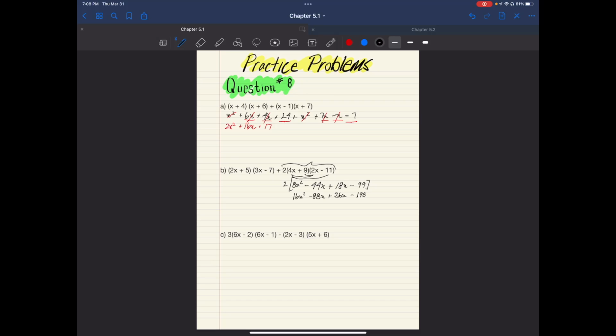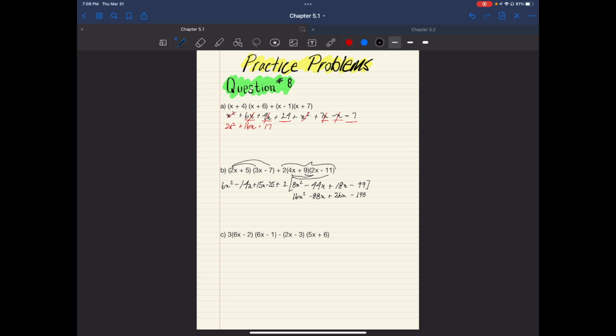Now we're going to add in the other part. So we have 6x squared minus 14x plus 15x minus, it's a minus 35.